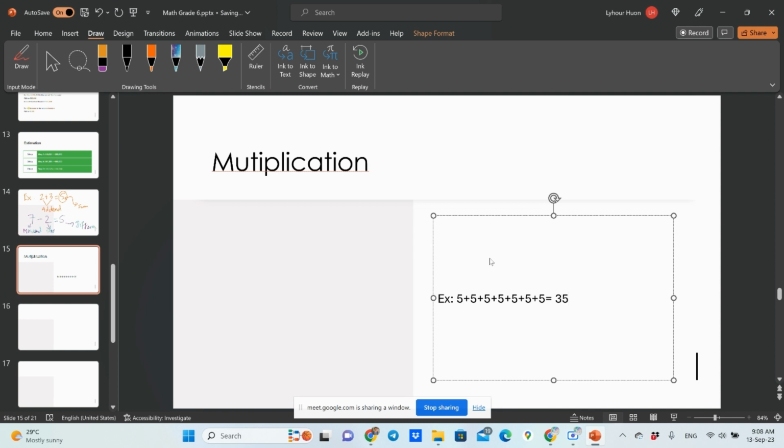When you only have the concept of addition, you will add them together. So the first day $5, the second day another $5, the third day another $5, seven days, so you receive $35.